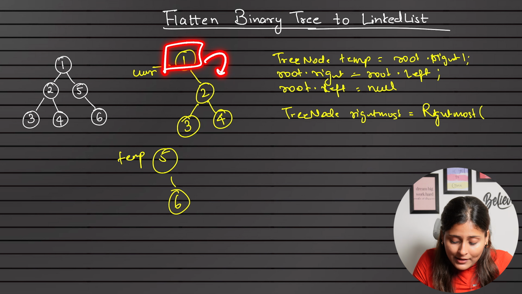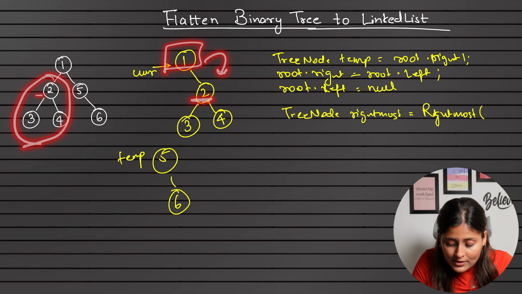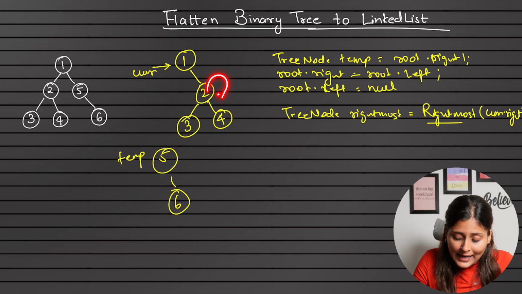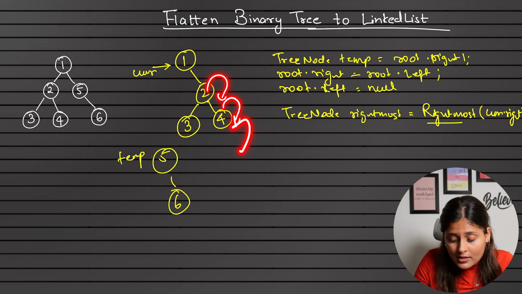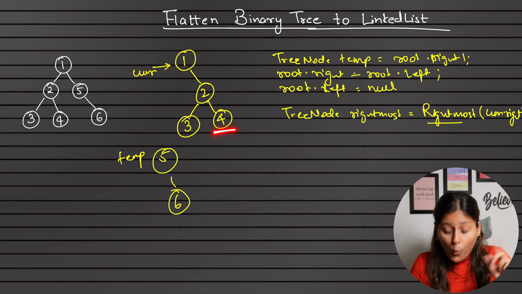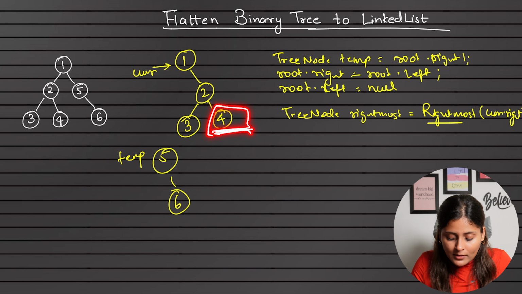Here we are, and we want rightmost for this subtree, right? So it is very important to send 2 as node. So we have to send current.right as node. So what will this function rightmost do? Rightmost will keep traversing towards root.right, root.right, root.right until the right is present. Once the right side child is null, it will return. What will it return? That node.